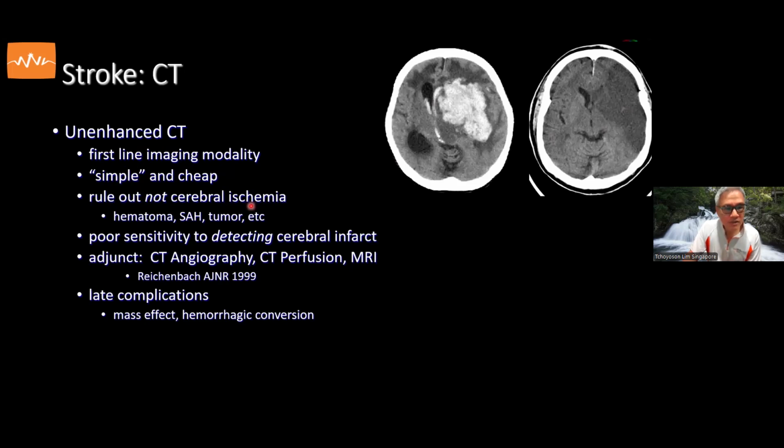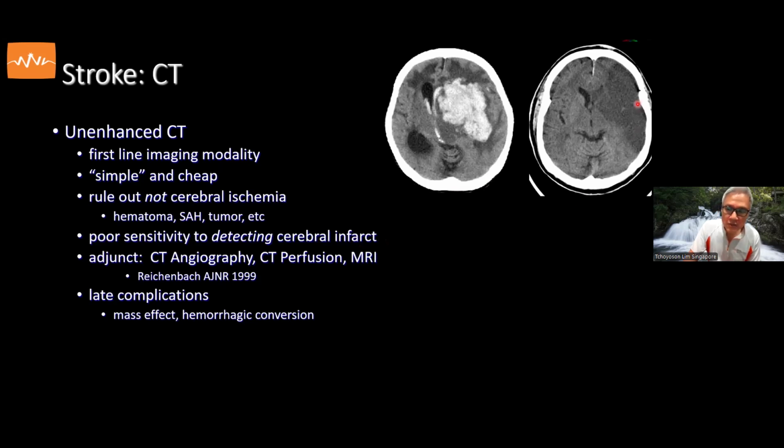A patient with a sudden neurological deficit could present with a hemorrhagic stroke with an intracranial hemorrhage, or present with subarachnoid hemorrhage, or sometimes stroke mimics such as hypoglycemia, tumor, and others. CT, unfortunately, has a very poor sensitivity to detecting a cerebral infarction.